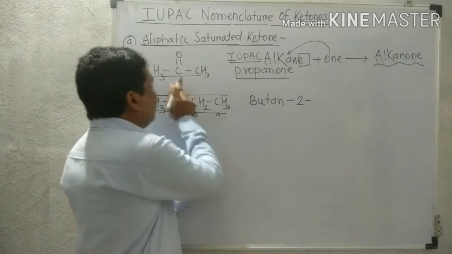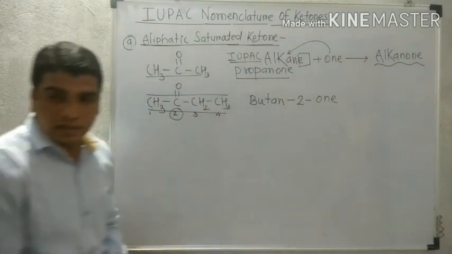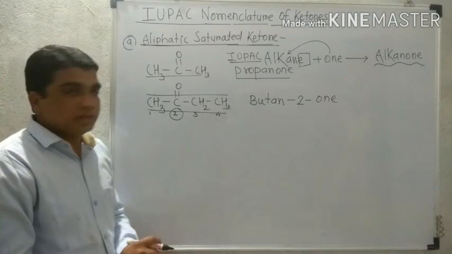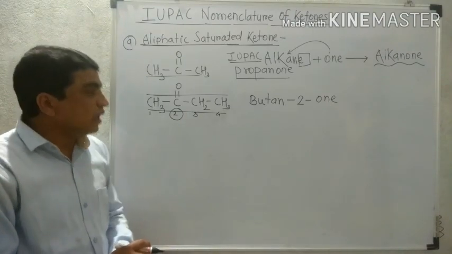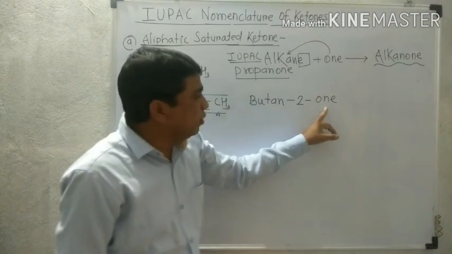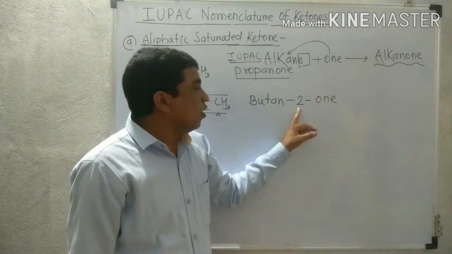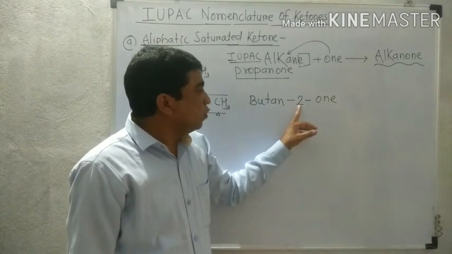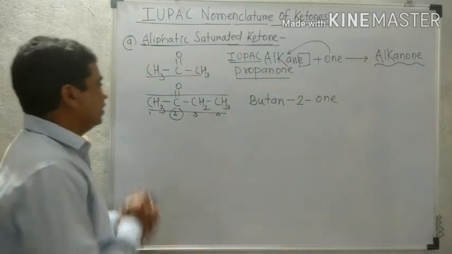And for C double bond O, we add O and E. There is a small difference: for the higher members of ketones, the position of the C double bond O goes right before O and E.